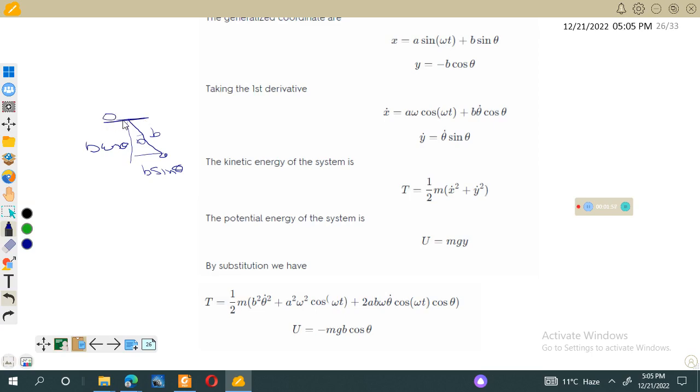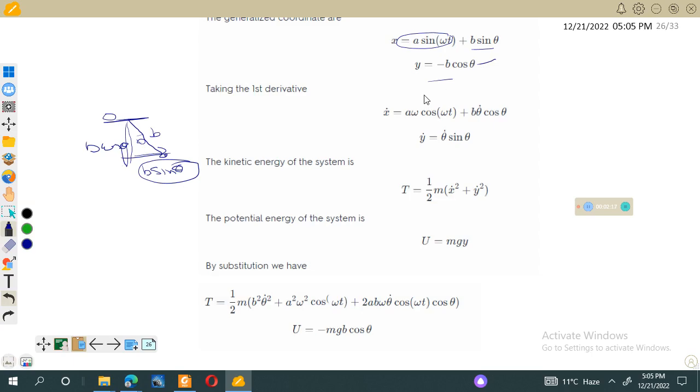Here we have the origin, so below the origin y will be minus b cos theta. In the vertical direction y is equal to minus b cos theta, and in the horizontal direction x is equal to b sine theta plus the horizontal driven component a sine omega t. So x will be equal to a sine omega t plus b sine theta, and y is equal to minus b cos theta.